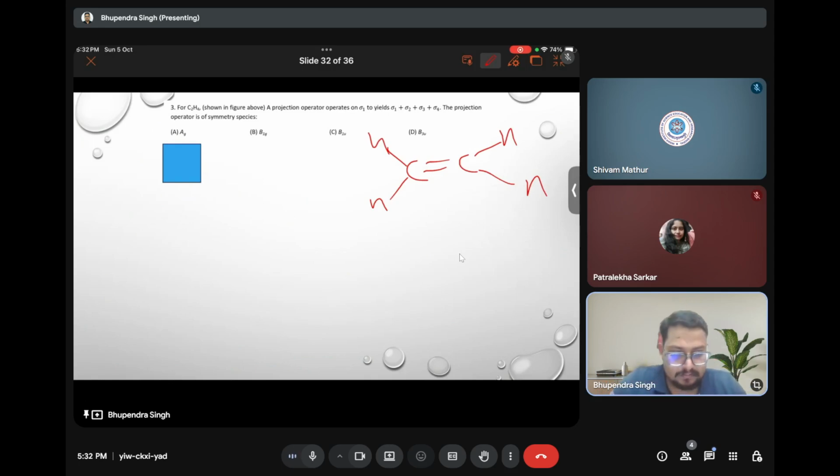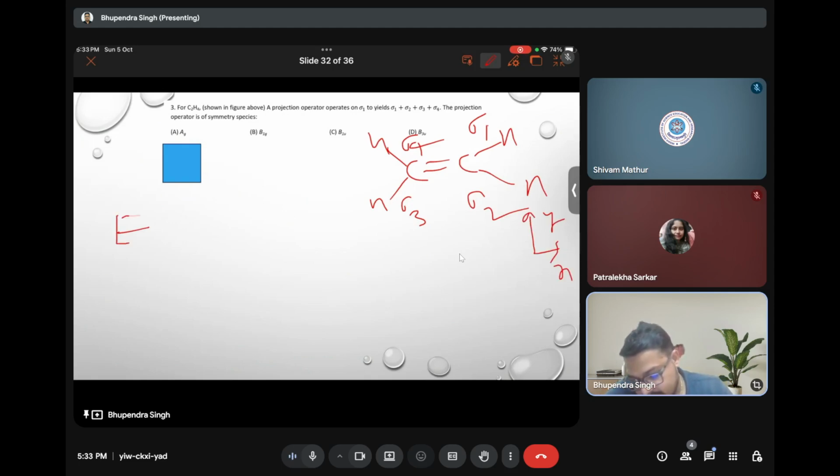Anyway, we will solve. So let's say sigma means sigma 1, sigma 2, sigma 3, sigma 4. Now these are your axes, x, y, and now try to find out. What will be the point group? Tell me.